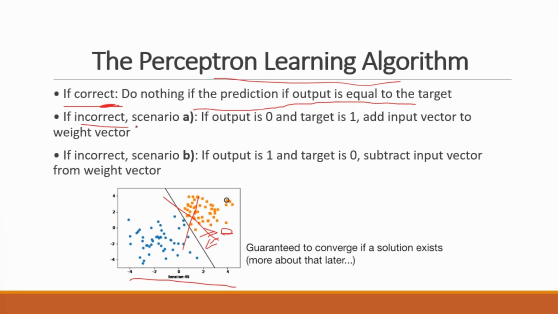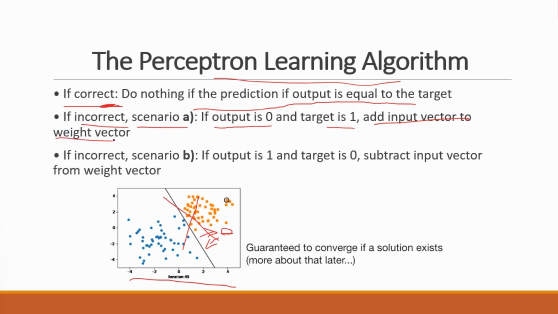The other two scenarios are where things have to be updated, that is, if we are incorrect. One scenario is where y hat is 0 and y is equal to 1. In this case, what we do is add the input vector to the weight vector.